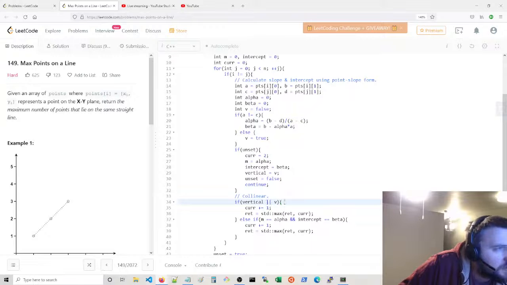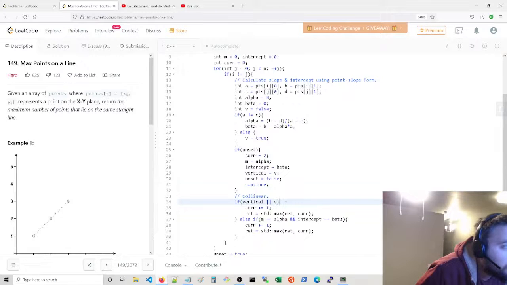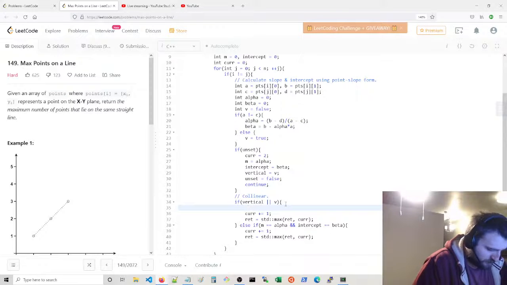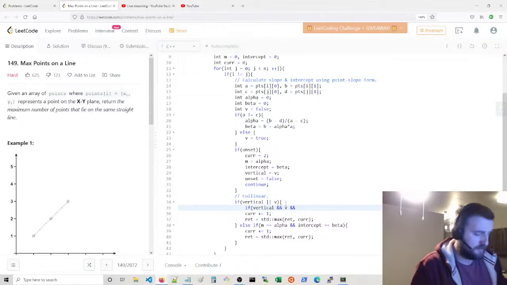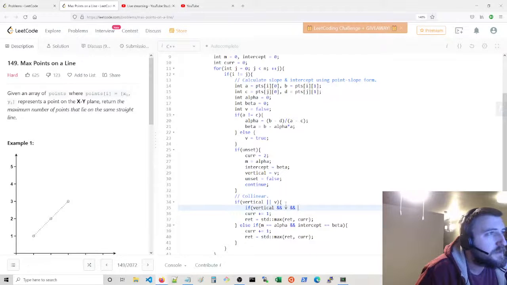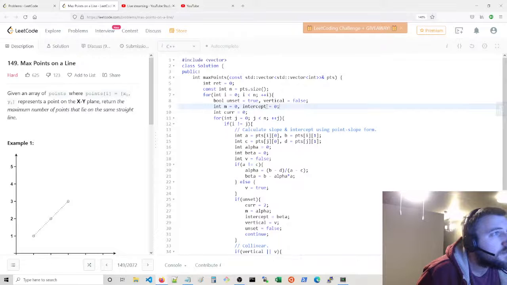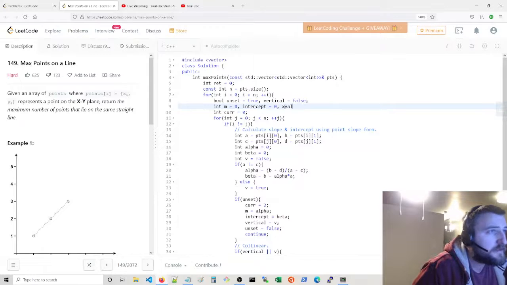If you're vertical or v, and you say if vertical and v, and vertical and v, and the a is equal to, if it's vertical, m-intercept, and we could just say x-val.